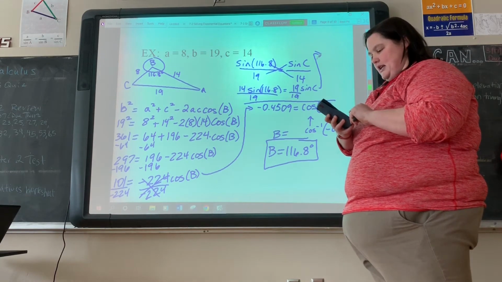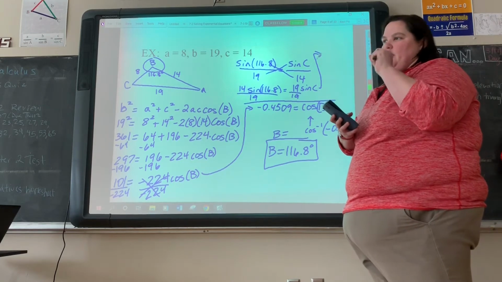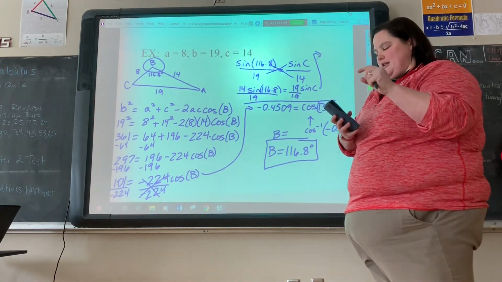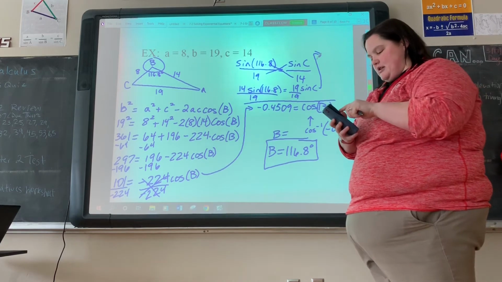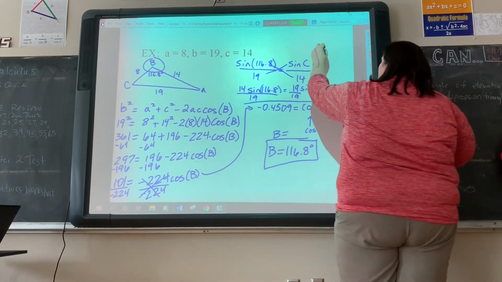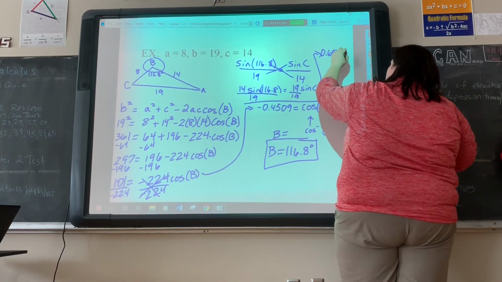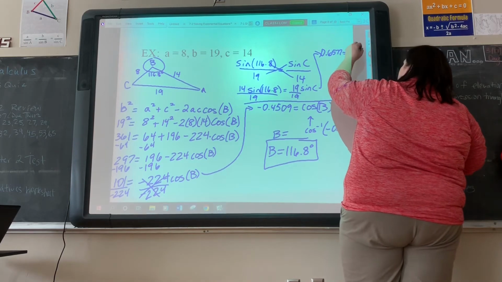Divide that by 19. Again, you're going to get a small decimal. Whenever it's sine of an angle or cosine of an angle equals something, it's going to be a tiny decimal. So I'm going to do 4 decimal places for this: 0.6577. And that's going to equal my sine of C.